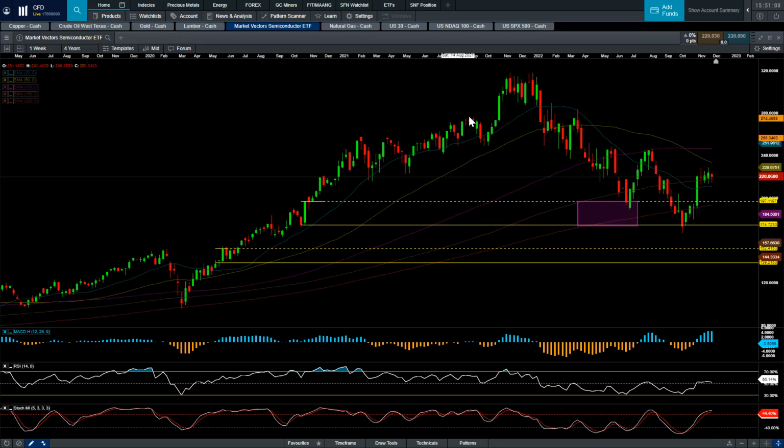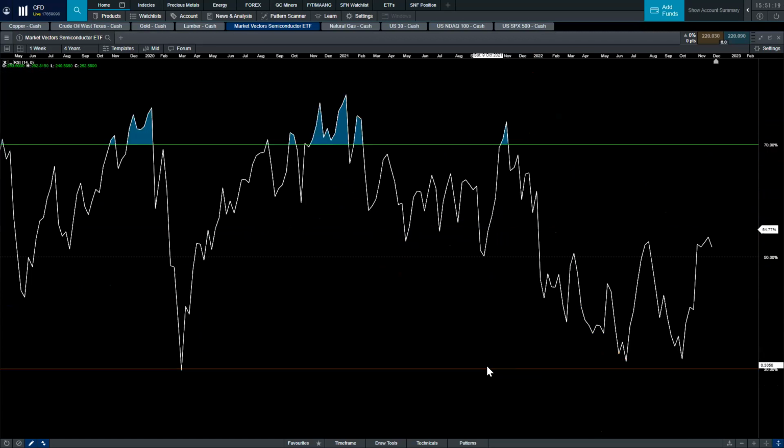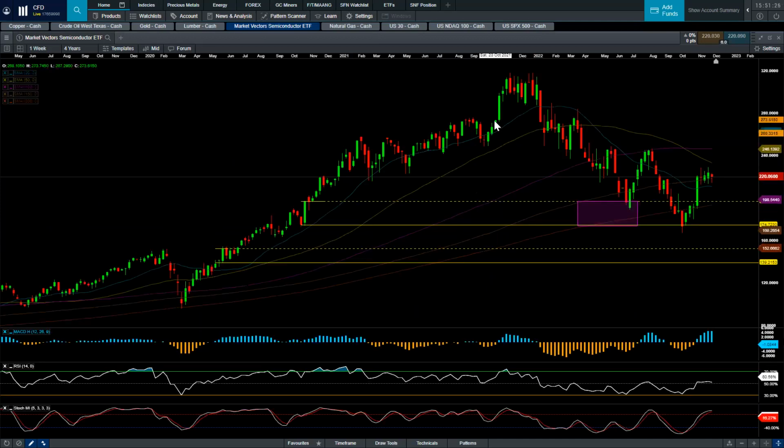So here between these two, divergence happened. But between these two and these two, we didn't have divergence. Also in RSI as well. So we had falling momentum in RSI, but after this top, we didn't have divergence.